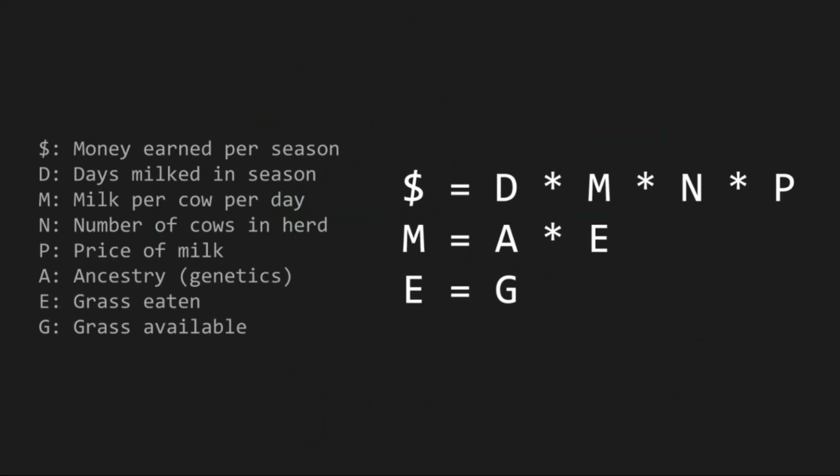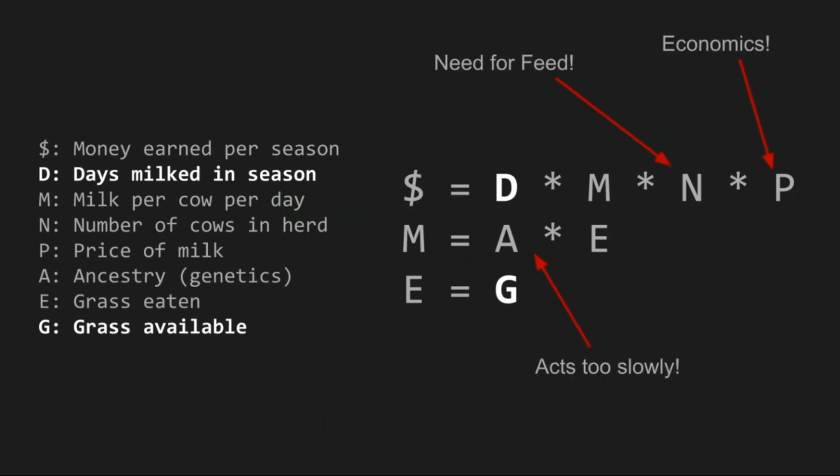So if you study these for a bit and start to think about what variables in this equation we can actually tune, a lot of them are fixed, and what it boils down to is basically days of milk, that's D, and the amount of grass that you can grow. Just to quickly cover the rest, you could increase the number of cows you have, but then you basically just feed them more, so it's a non-starter.